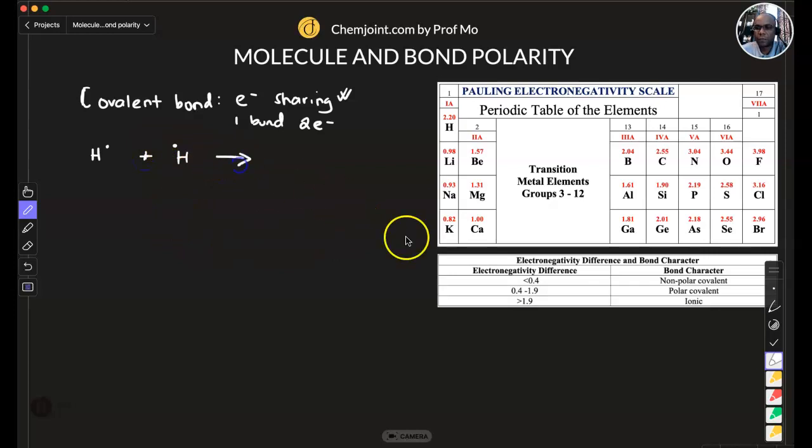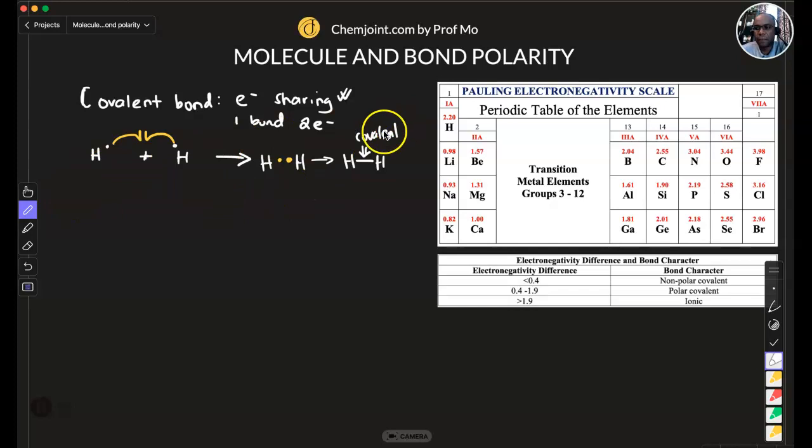When these two share their electrons to make a bond, we use fishhook arrows to move one electron to where those electrons meet. Right there, that's where we're making a bond, and now I draw the line to illustrate the bond.